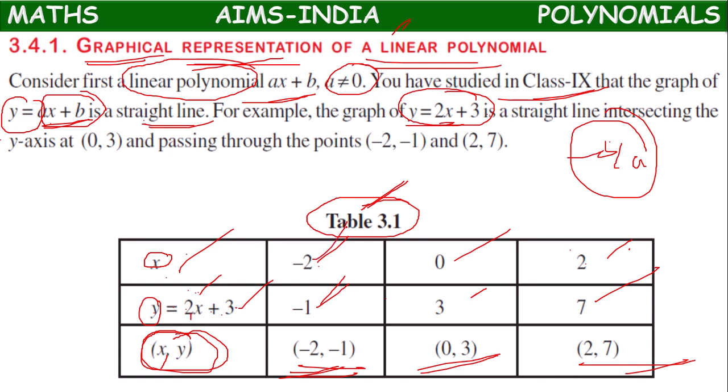We have taken one negative integer, 0, and one positive integer for x, and we have got the respective y values. So we have 3 coordinates for the given expression y equal to 2x plus 3, and with the help of these 3 coordinates, we can represent the graph of this equation.